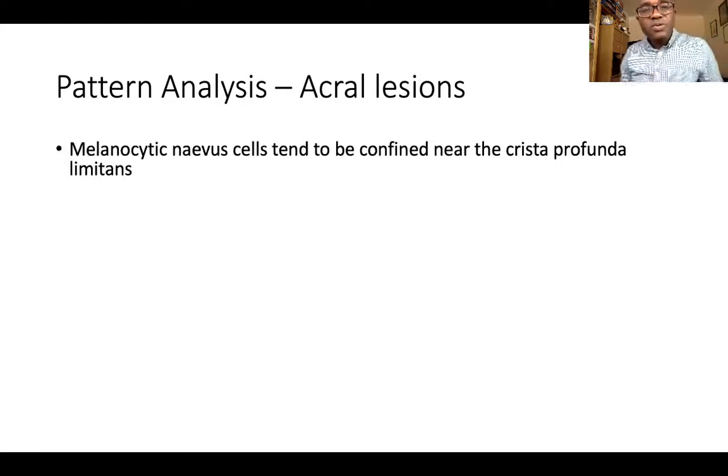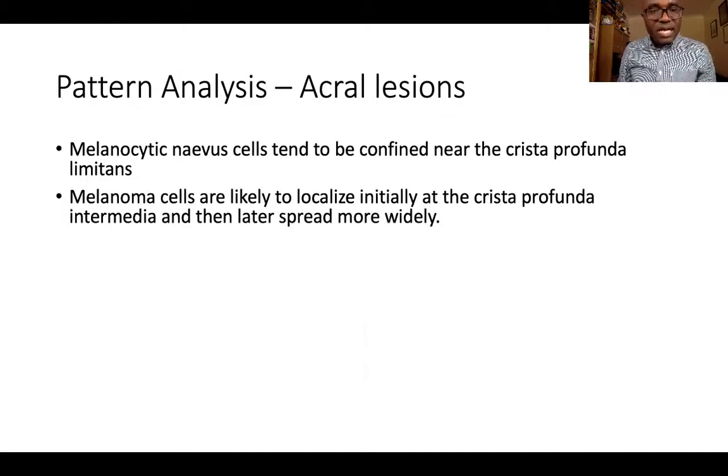So the first clue that you want to see is, melanocytic nevi tend to be confined to the crista profunda limitans, whereas melanoma cells are likely to be localized initially in the crista profunda intermedia and later spread more widely. So intermedia usually will be where you find the melanoma cells, whereas the nevus cells will be in the limitans.